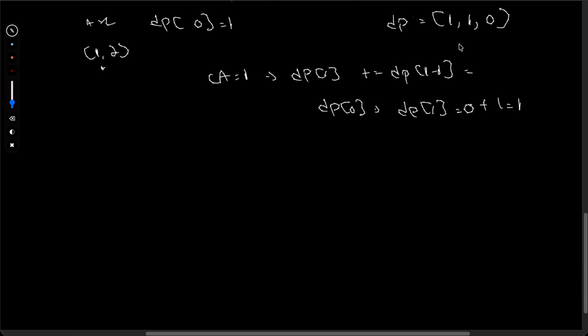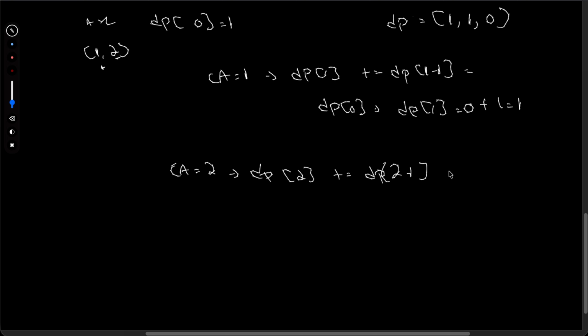Okay, next current amount is 2. So dp of 2 plus equal to dp of 2 minus 1, which is dp of 1.